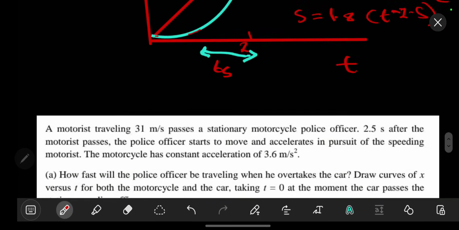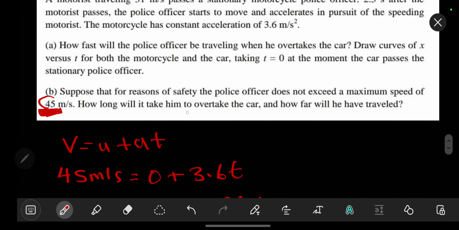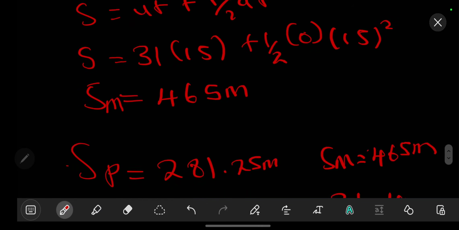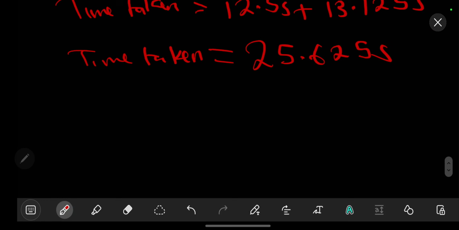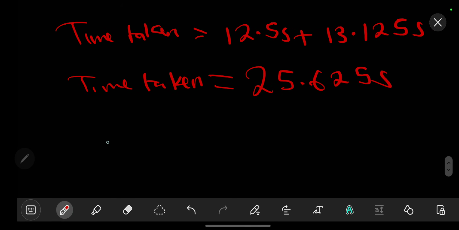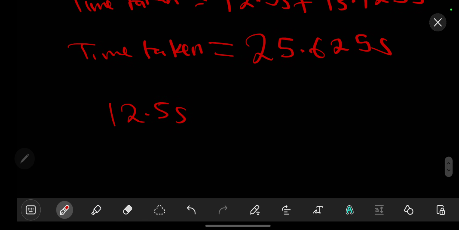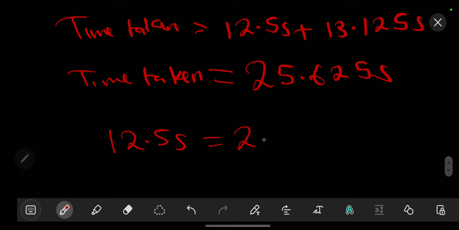Then the other part is asking how long will it take him to overtake the car, and how far will he have traveled. So to calculate how far he will have traveled, firstly we calculated that for the 12.5 seconds, it took 281.25 meters.